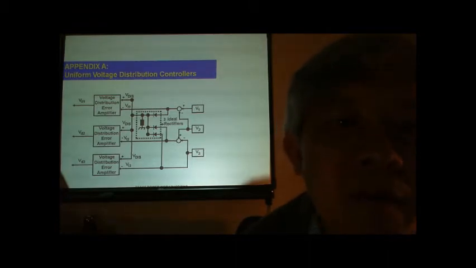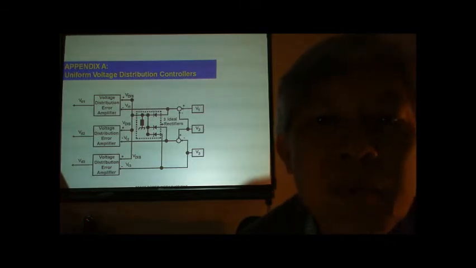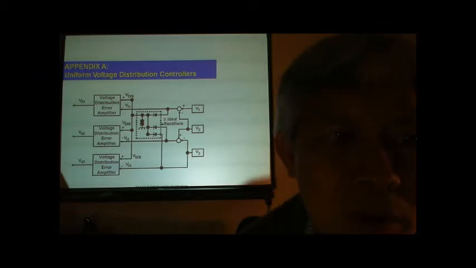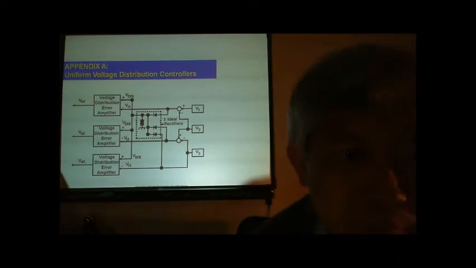The common voltage reference VDIS provides a basis for each sourcing voltage to compare and generate the distribution error signals VD1, VD2 and VD3 through this voltage distribution error amplifier.